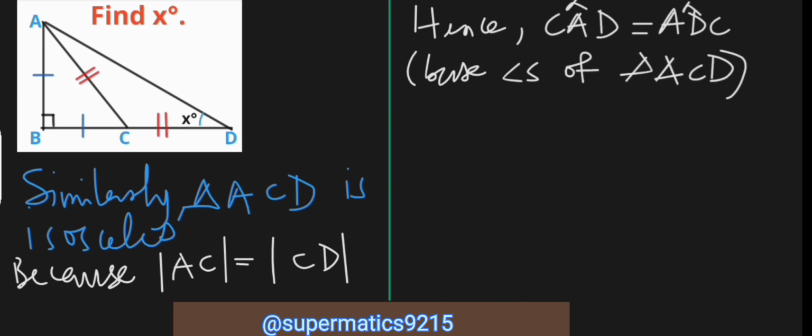However, a look at angle ACB shows that it's equal to the sum of CAD and ADC, which is angle X that we are looking for, being the exterior angle to those two angles, the opposite angles to it.